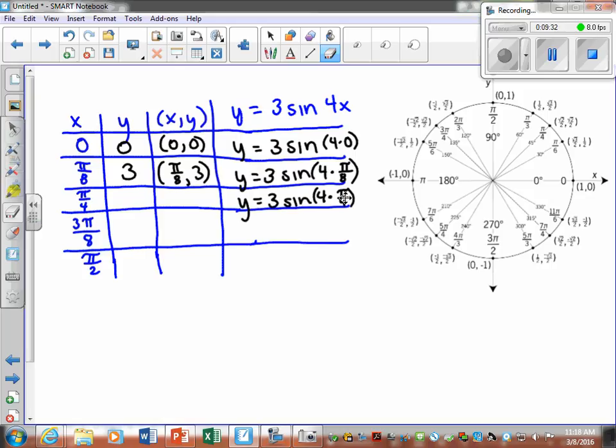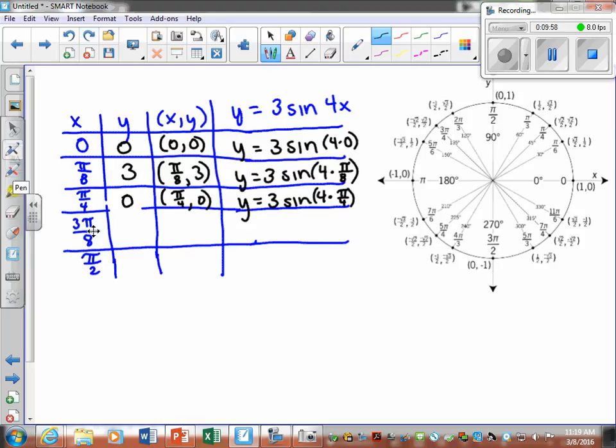So what is the sine of pi? Come to pi, what's the y value? 0, good, so that means all of this is 0. What's 0 times 3? 0. So we just get pi fourths comma 0.